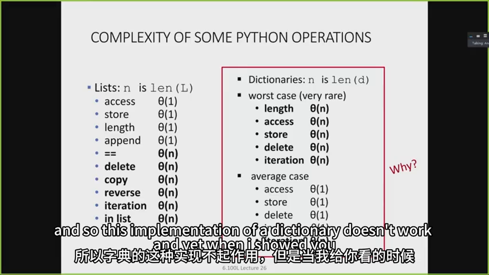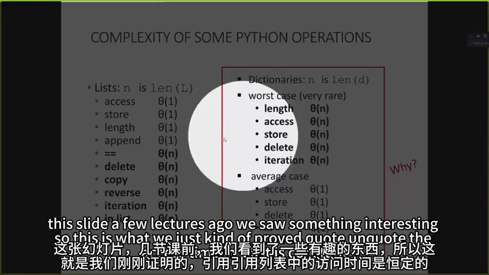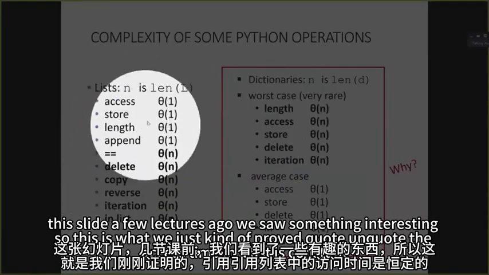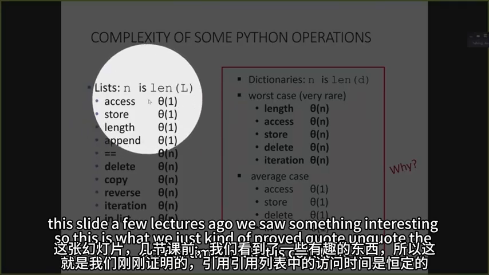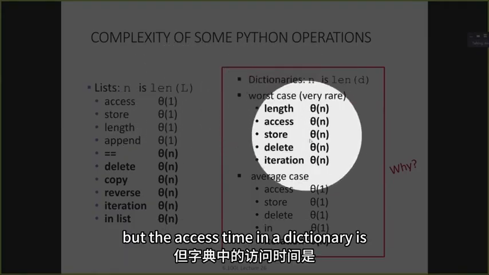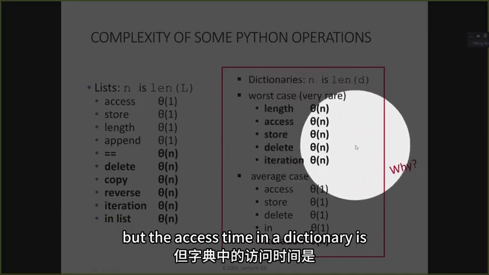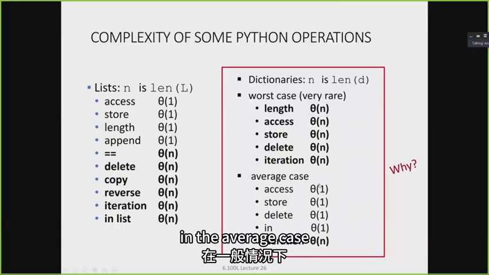And yet, when I showed you this slide a few lectures ago, we saw something interesting. So this is what we just kind of proved, quote unquote. The access time in a list is constant, but the access time in a dictionary is constant as well in the average case.